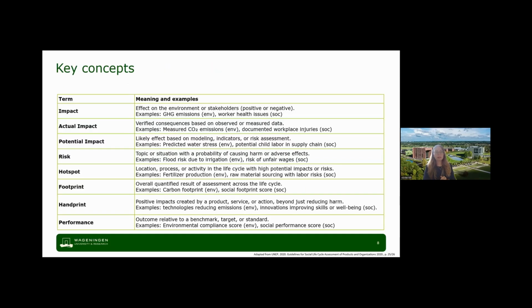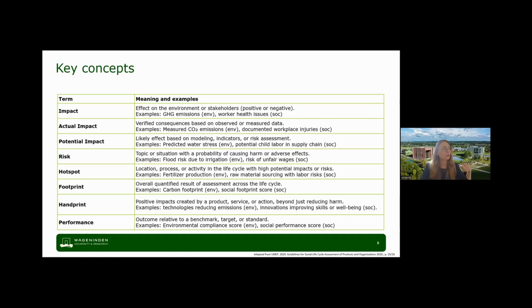Then a few key concepts, no need to read this in detail, but just to make sure you are aware of some terminology I might use throughout the presentation. So we talk about impacts. So that is the actual effect on the environment or certain stakeholders. So it can be social and environmental, but there's a differentiation in some methodology I will present later on with regards to the actual impact and the potential impact.